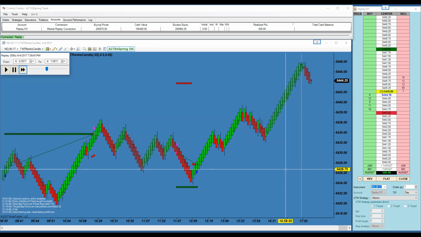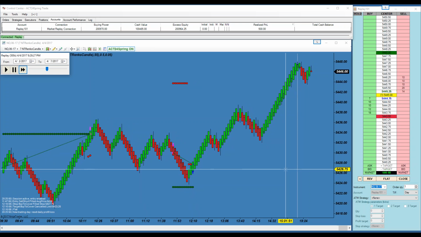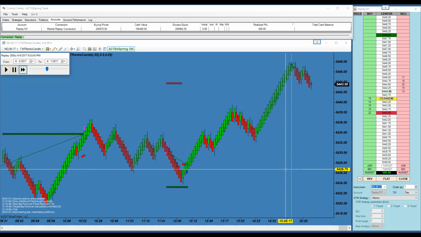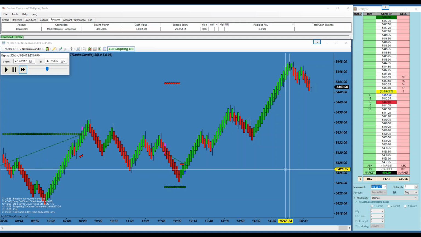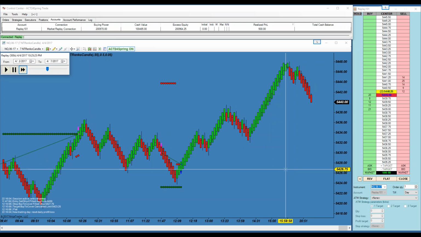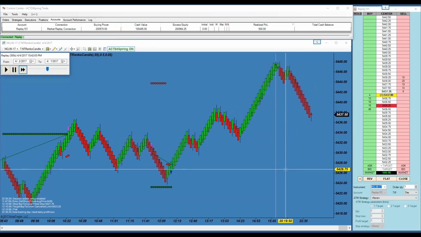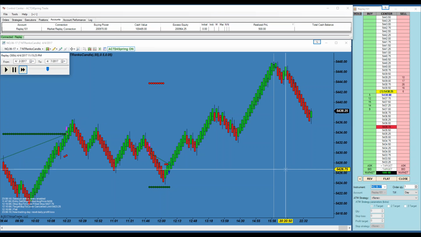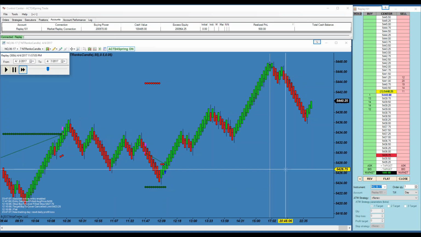Okay, now that was the end of that day, and now we're on to the third day. So this would be Wednesday. And you can see we're up $500 for the week so far. Not a great start. And again, it's got to move before it can trade.